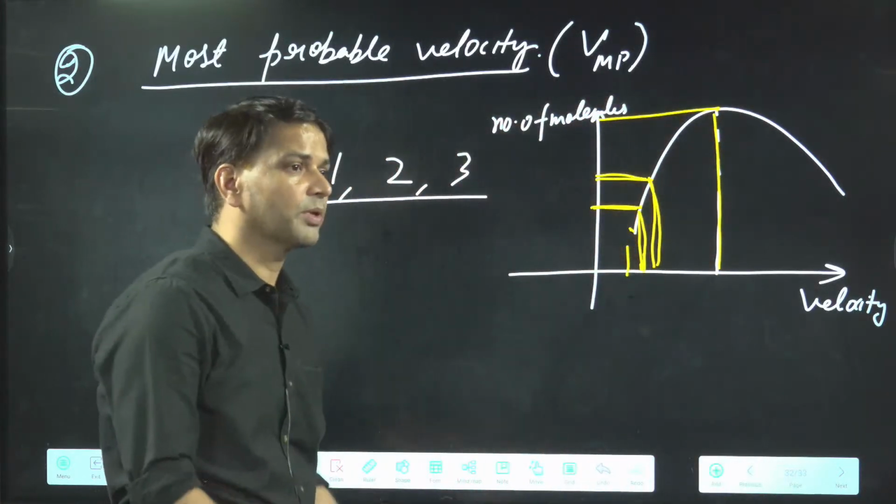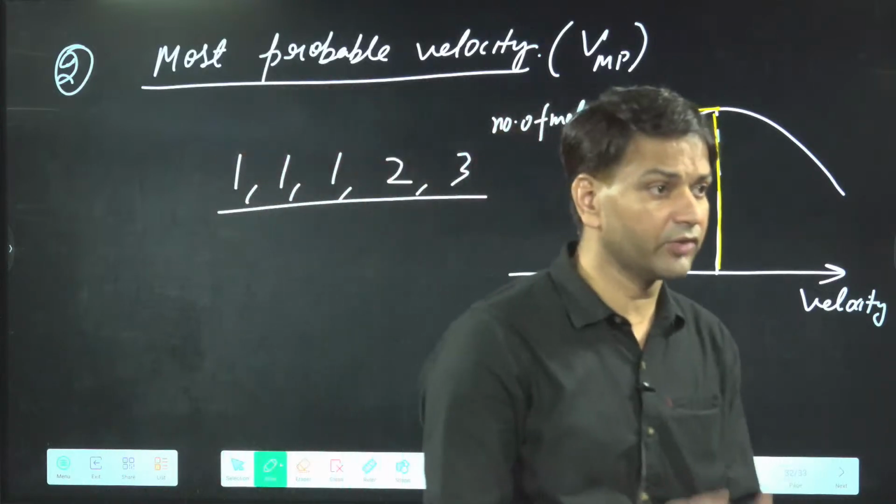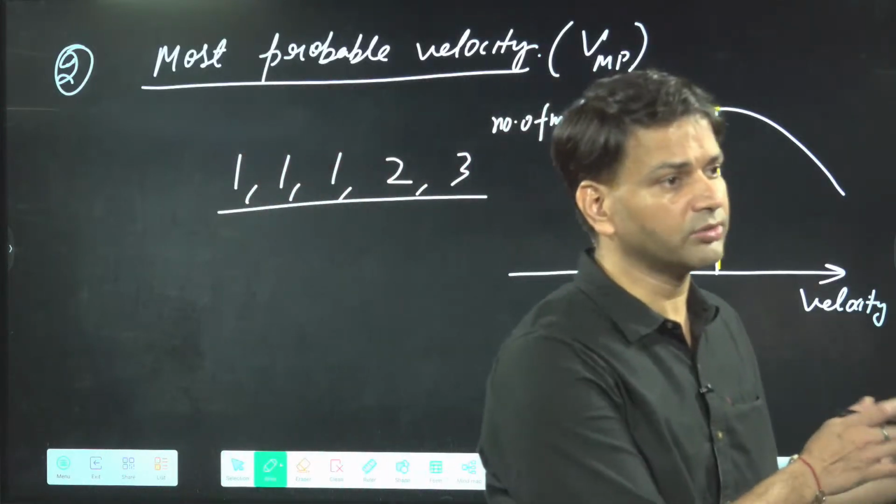So what is the most probable velocity? It is the velocity with which the maximum number of molecules move in a gas.